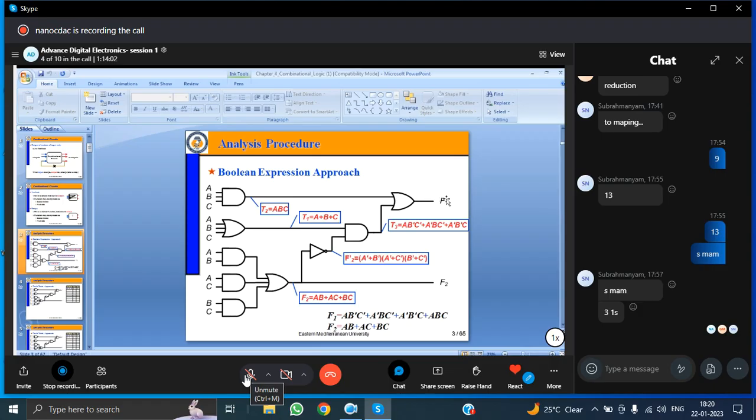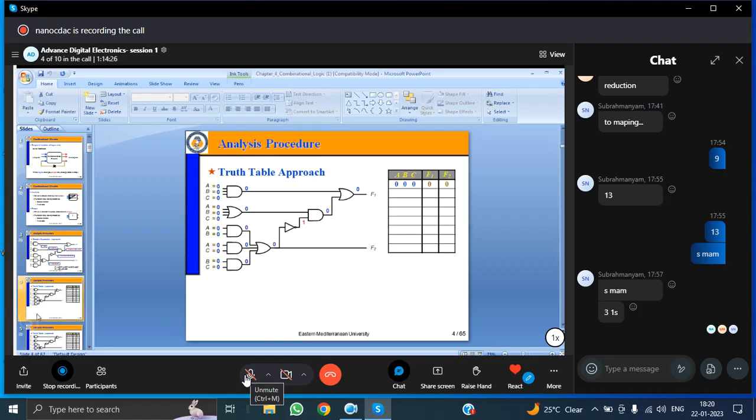And this function F1, what is F1? It is nothing but ABC plus AB bar C plus T2 plus T3. F1 is equal to T2 plus T3. Okay, so here F1 and F2 functions are derived. So you will analyze the circuit. First thing is you will analyze the circuit.